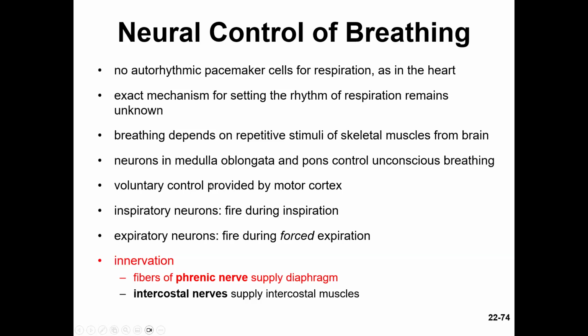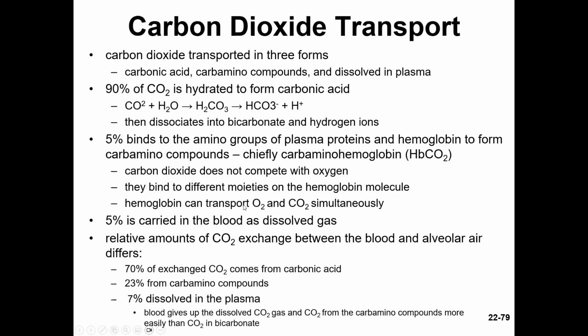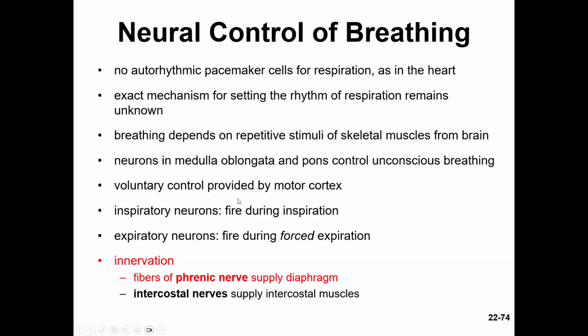Now, in terms of the rest of it, the neural controlled breathing, the one I want you to know is this very bottom one right here, the phrenic nerve, which we talked about. Remember, C3, C4, C5 keeps you alive. That's a term you're going to hear over and over again.